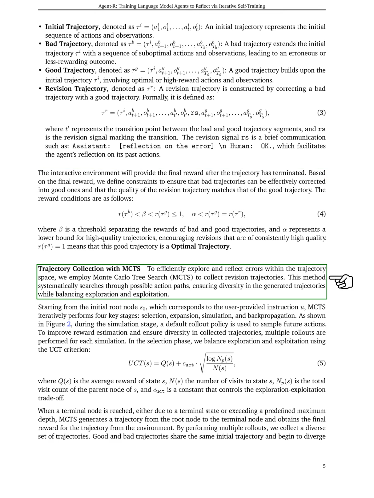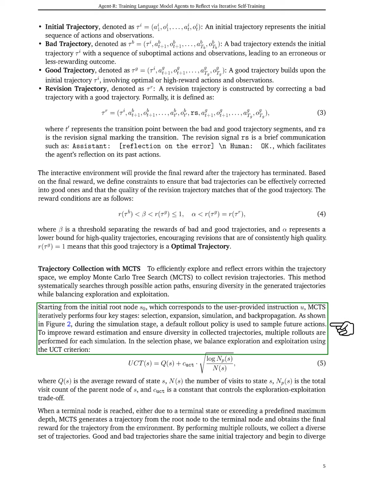To gather revision trajectories, we utilize MCTS to explore and reflect on errors in the trajectory space. Starting from the initial root node, MCTS goes through the 4 stages of selection, expansion, simulation, and backpropagation. During simulation, we use a default policy to sample future actions, performing multiple rollouts to enhance reward estimation and ensure diverse trajectories.